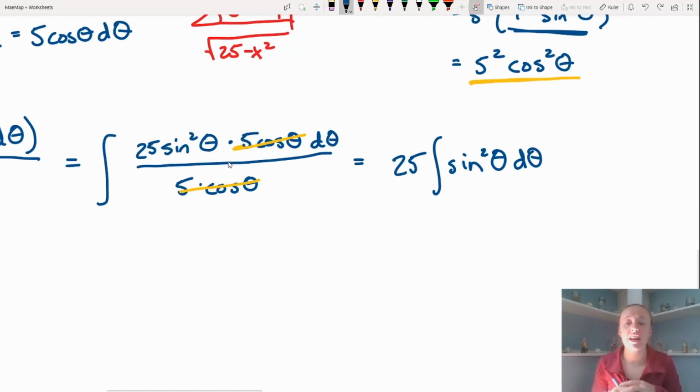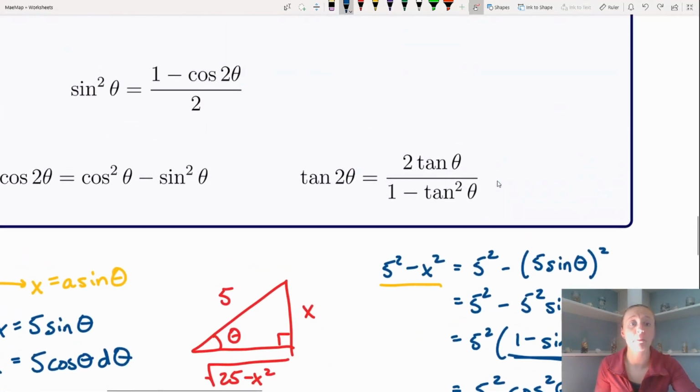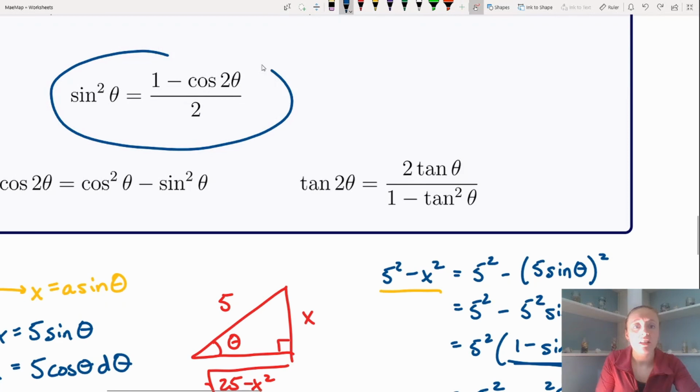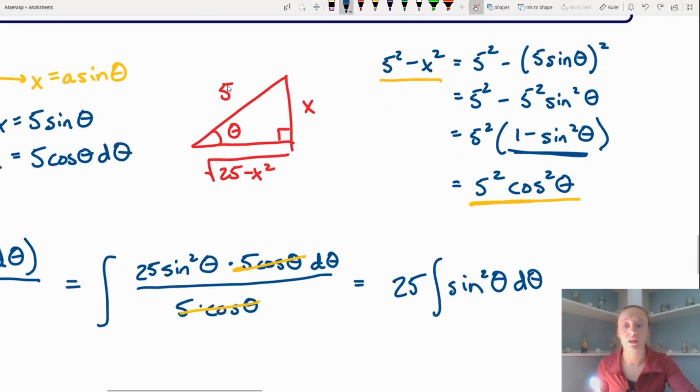And just as I said at the end of that last example video, lots of times these trig substitutions will turn into trig integrals. So if we have sine raised to an even power, what do we have to use? We have to use the half angle identity. So for 25 sine squared theta d theta, I'm going to use the fact that sine squared theta equals 1 minus cosine of 2 theta all over 2.